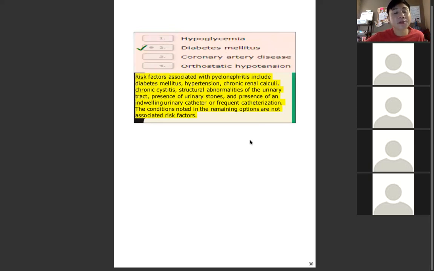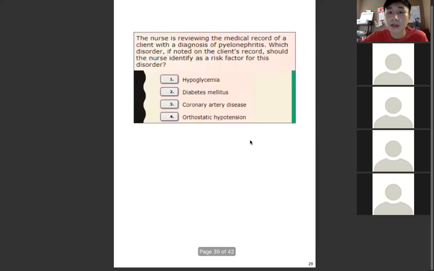So risk factors associated with pyelonephritis include diabetes mellitus, hypertension, chronic renal calculi, UTI, stones. The reason why diabetes mellitus is a risk is because, as we remember, pyelonephritis is an infection of the kidney.